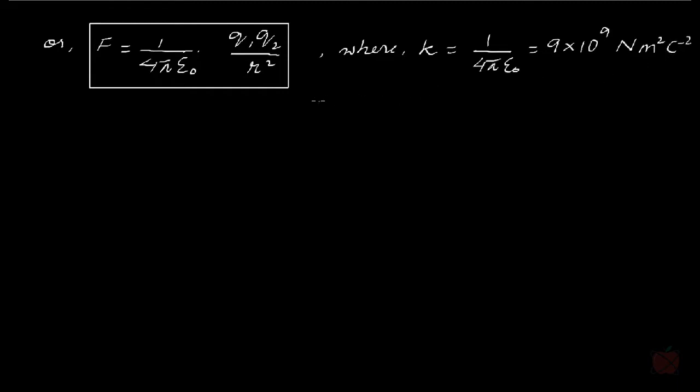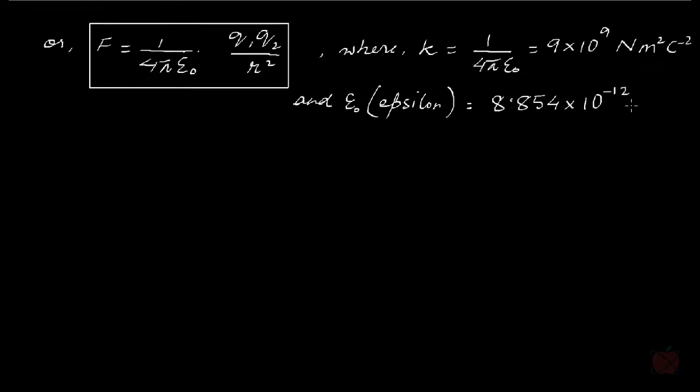All right, and this is called epsilon, epsilon naught. This is equal to 8.854 into 10 to the power minus 12. The unit of epsilon will be just the opposite to the unit of K, because K is up and epsilon is down.